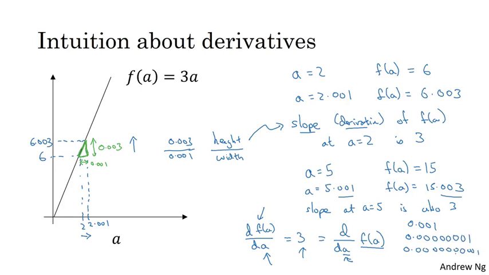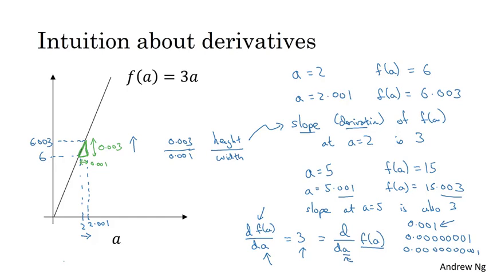The formal definition of derivative says, what if you nudge a to the right by an infinitesimal amount, basically an infinitely tiny amount? If you do that, does f of a go up 3 times as much as whatever was the tiny amount that you nudged a to the right? So that's actually the formal definition of a derivative. But for the purposes of our intuitive understanding, we're just going to talk about nudging a to the right by this small amount, 0.001, even if 0.001 isn't exactly tiny, infinitesimal.